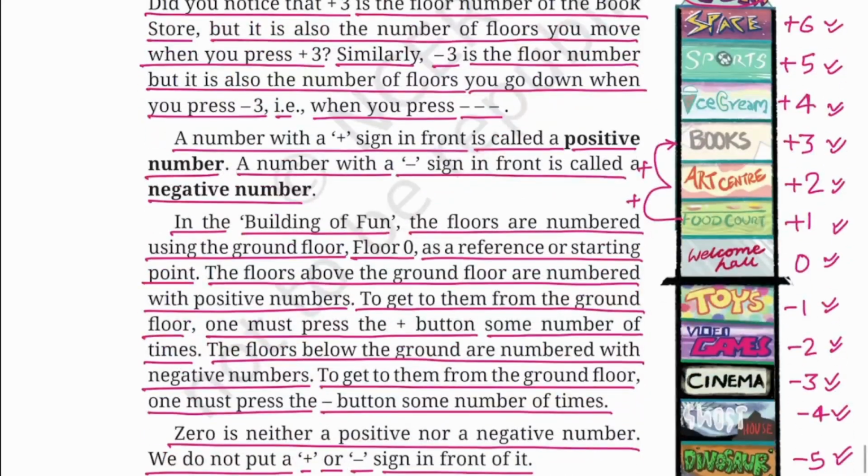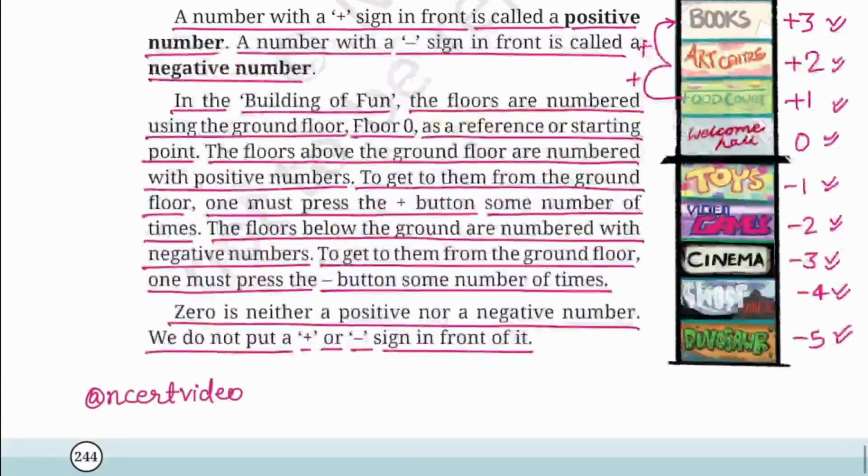You can see Gurmeet is at the toy shop. He pressed the plus button 2 times and then the minus button 3 times. He is 1 floor below the toy shop.